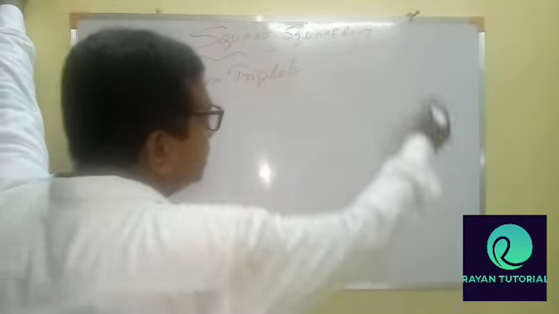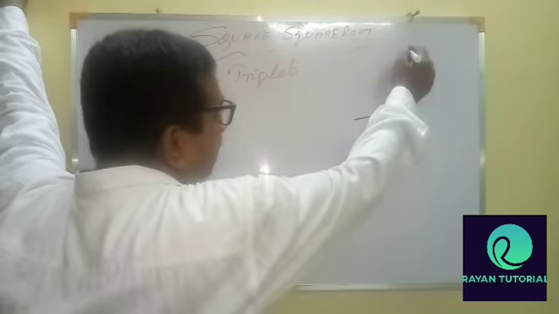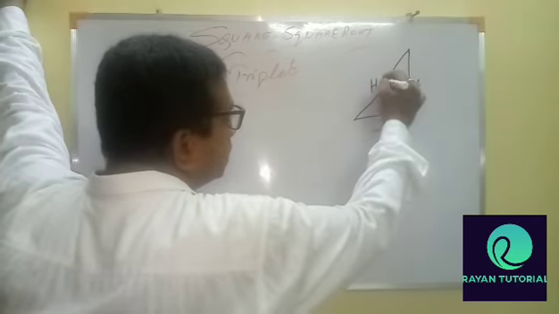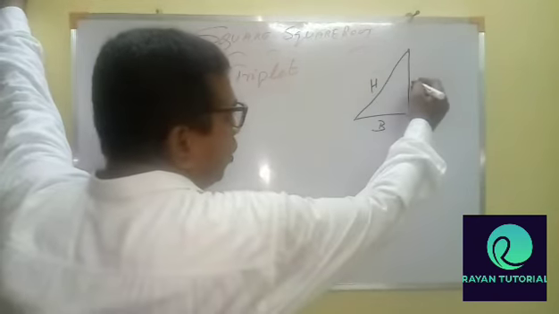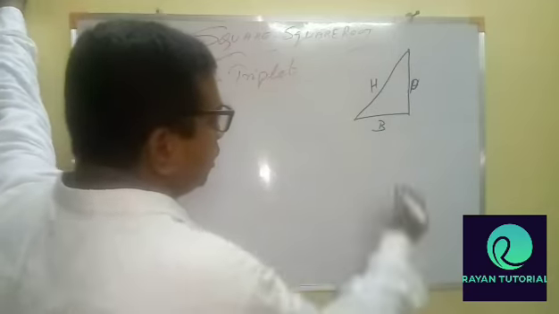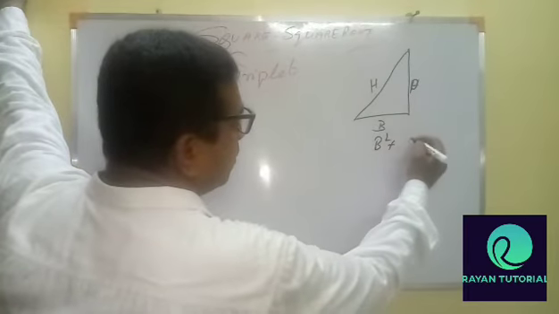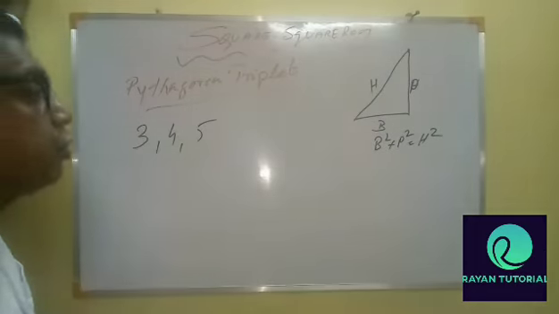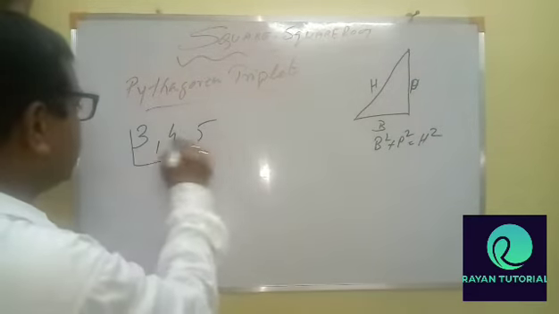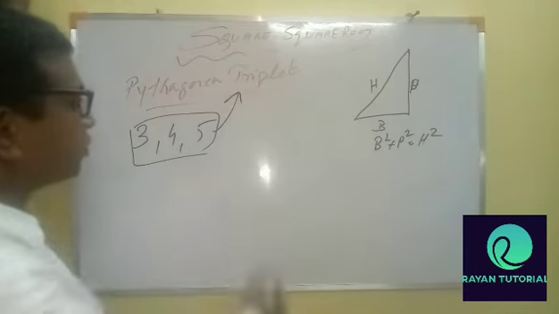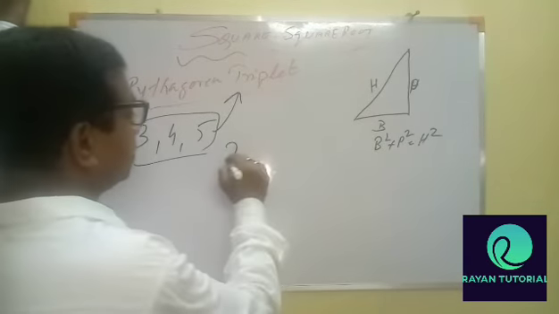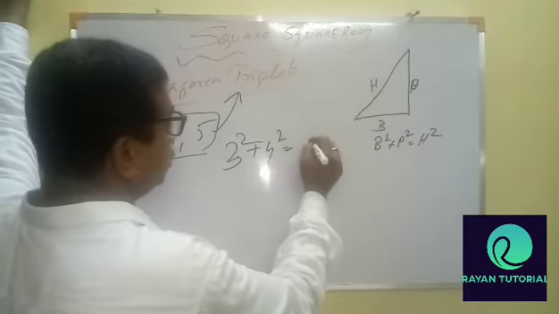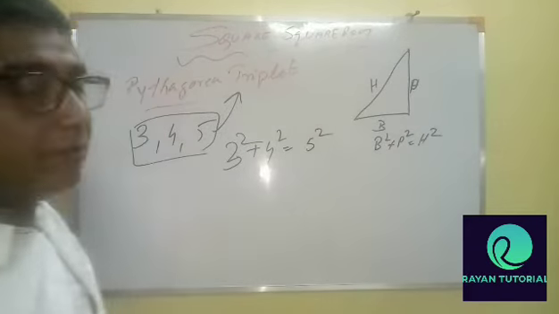Pythagoras theorem states that if you know about a right angle triangle, this is the base, this is the height, this is the hypotenuse, or you say this is the perpendicular. So base square plus perpendicular square is equal to hypotenuse square. So this number will be a Pythagorean triplet when 3 square plus 4 square should be equal to 5 square.